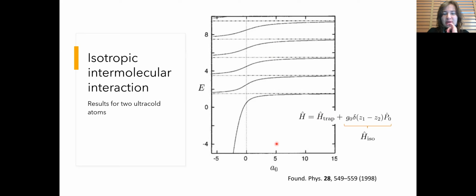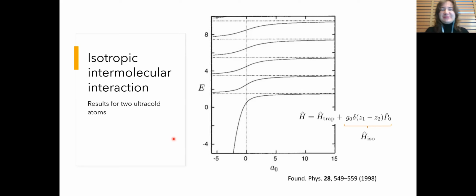It takes place when 2 atoms are really strongly repulsive. And I just wanted to tell you about that because we can have this regime as well in molecules with some conditions. Okay, but this is the energy spectrum for 2 atoms.